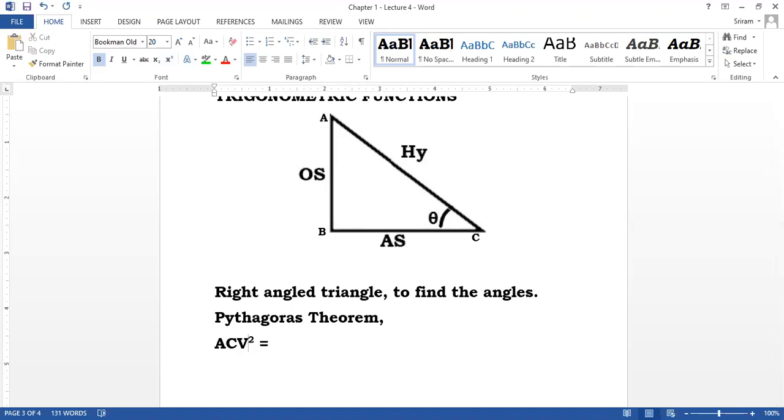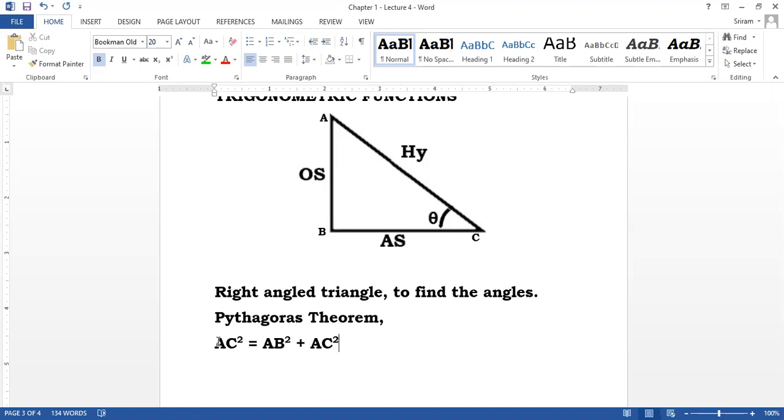AC squared is equal to AB squared, the other two sides, plus BC squared. This is called Pythagoras theorem.